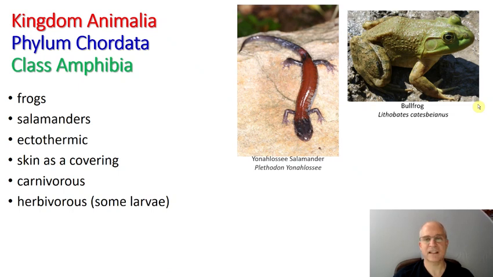Some of the larvae, like the larvae of the frogs, are herbivorous, and we call those tadpoles. However, interestingly, the salamander larvae are not herbivorous. They're going to be primarily predatory. So there are some stages of amphibians, the larva form of the frogs, for instance, that are herbivorous. A lot of them are going to be carnivorous. They're going to be eating other organisms, though.